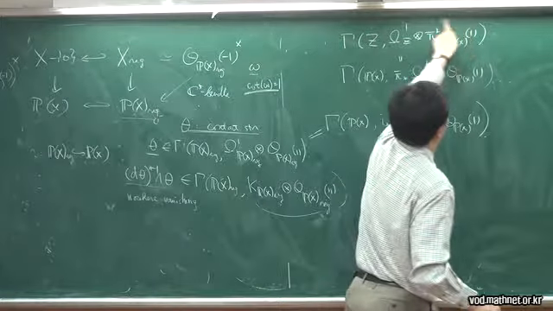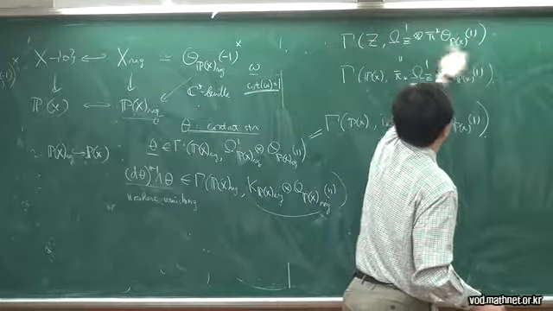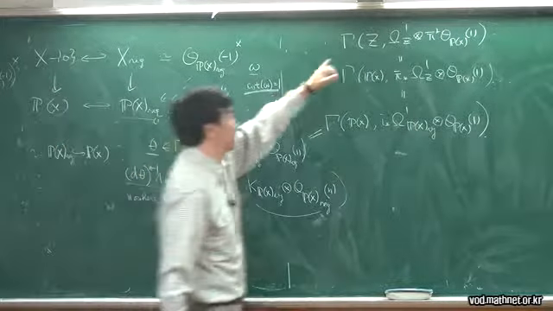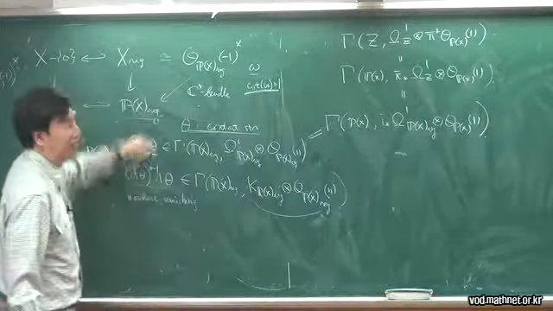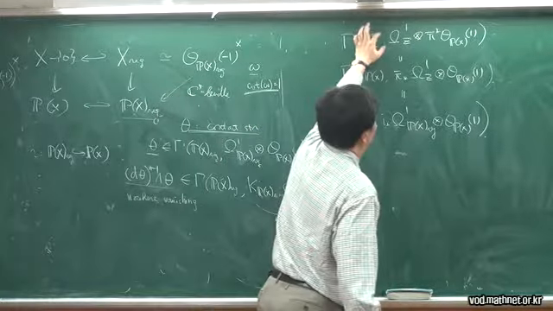The twisted line bundle changes here, but the meaning of this identification is just a pullback of this θ and extension. So θ can be regarded as such a form.